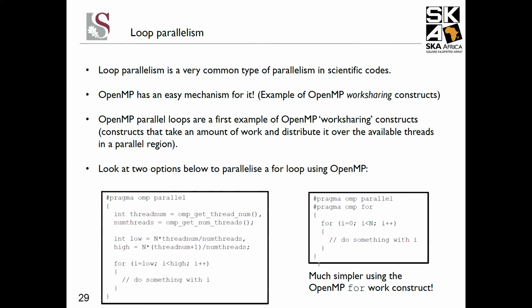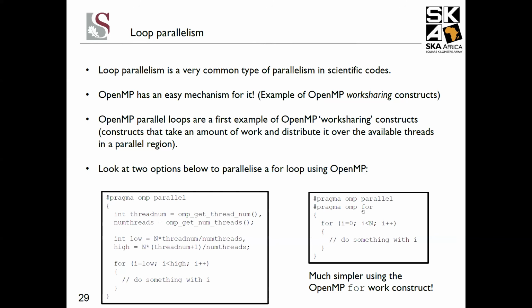It's part of its work sharing constructs, which we will look at later. And you can specify it using something like this, as shown on the bottom right hand, where you say that you're going to create a parallel region, but this parallel region is going to be specifically the distribution of a for loop.